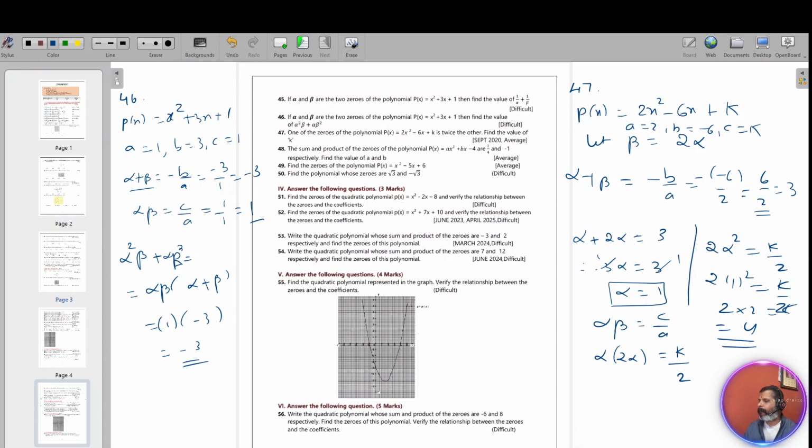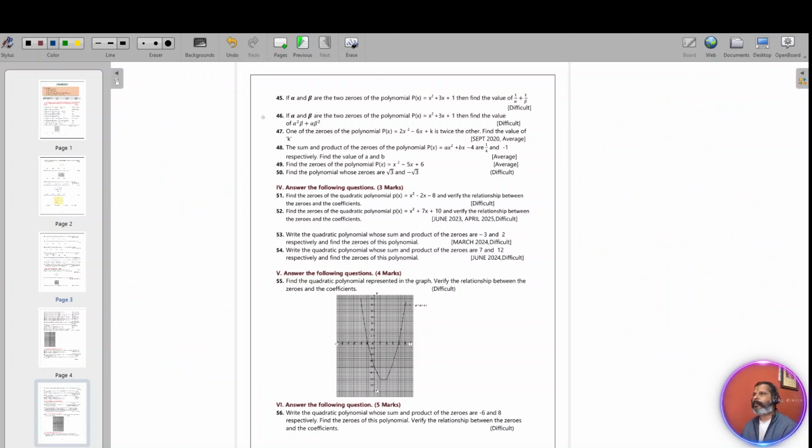Alpha is what we got. Since alpha we got 1, we are substituting 1 here, 2 into 2 is 4 will come. Please understand these are the correct answers. Okay. So that is the value of k. Clear? We'll move to the next question.